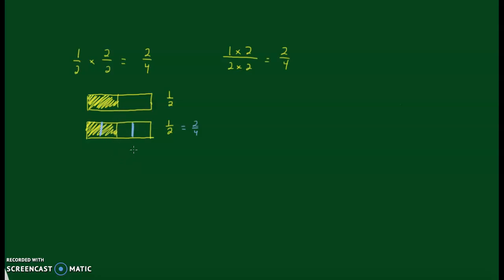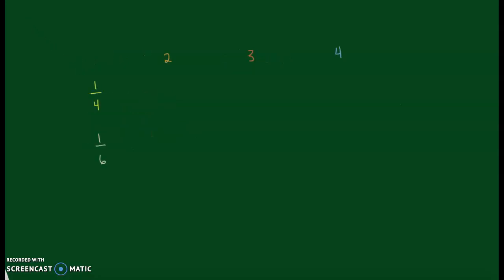So today we're going to use equivalent fractions to help us add and subtract fractions. On your home link, you're going to be asked to fill in a chart similar to this. And basically, you're going to find equivalent fractions by multiplying both the numerator and the denominator by 2, 3, and 4.